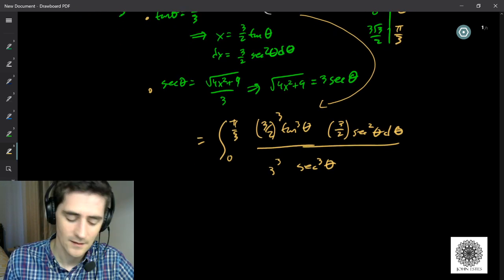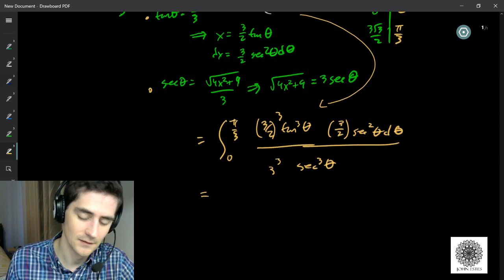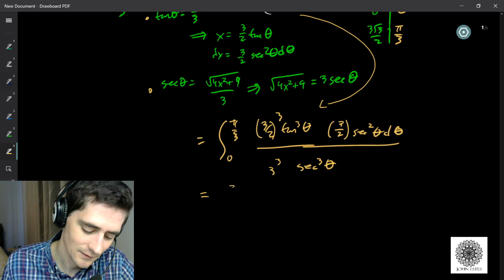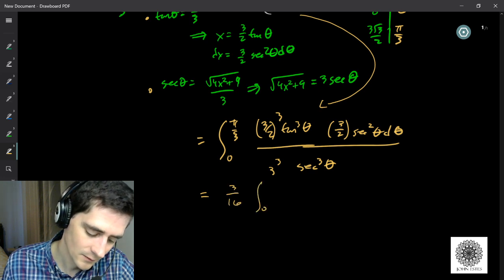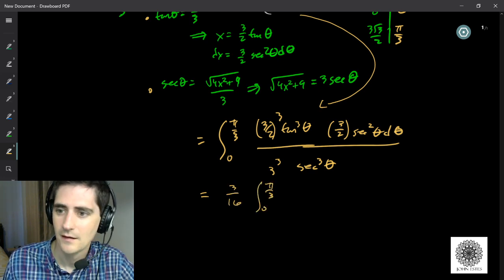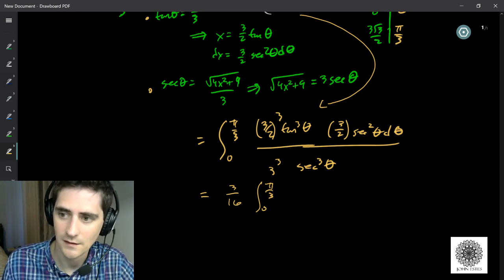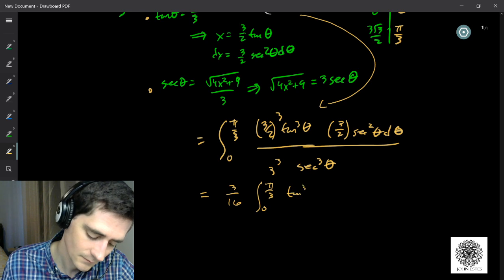So if you take care of all these constants very carefully, you're going to end up with 3/16 integral from 0 to pi over 3, and you end up with tangent cubed over secant d theta.